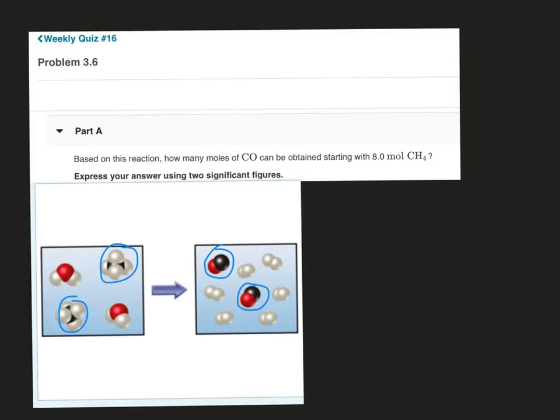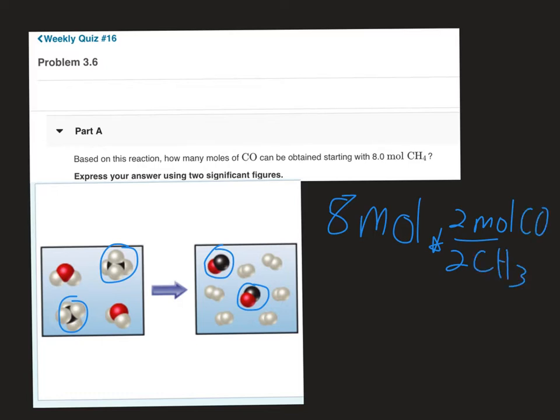So because of that, since they're both 2 to 2, if you want 8 moles, well, you can do the math and have 2 moles and 2 moles. And you'll find that you will be able to get 8 moles of carbon monoxide.